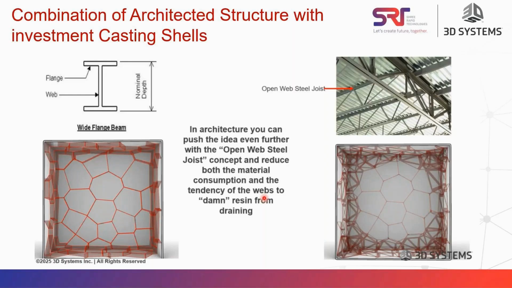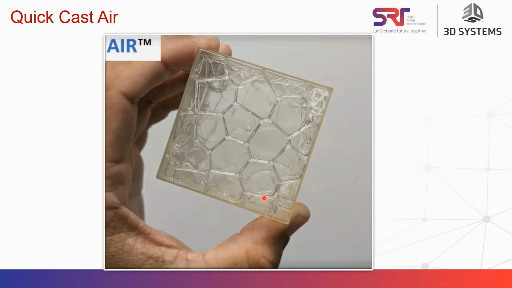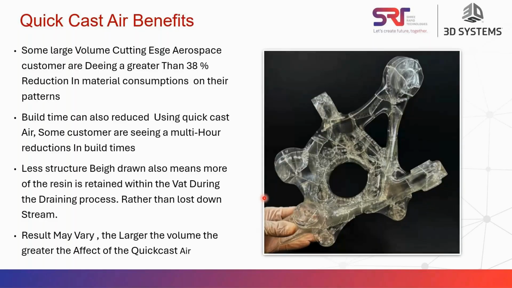As I said, you can see QuickCast air is almost 90% air, with nothing inside the geometry. This is how QuickCast air parts look. Here are some nice images printed in QuickCast air. QuickCast air has the benefit of a super lightweight component, so the material can drain automatically.